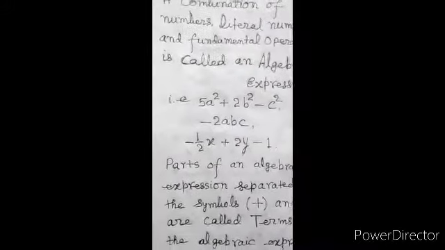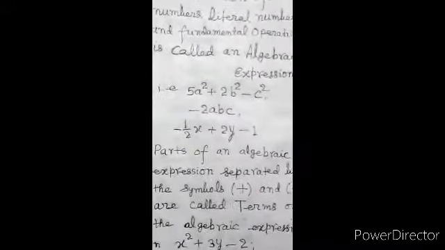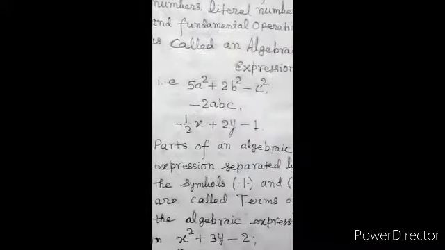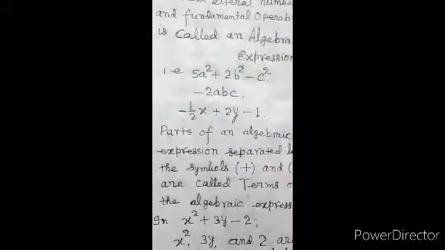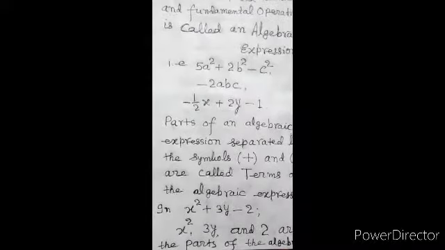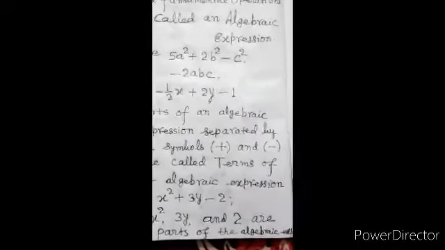Minus half x plus 2y minus 1 is also an algebraic expression. Parts of an algebraic expression separated by the symbols plus and minus are called terms of the algebraic expression. In x square plus 3y minus 2, x square, 3y and 2 are the terms of the algebraic expression.